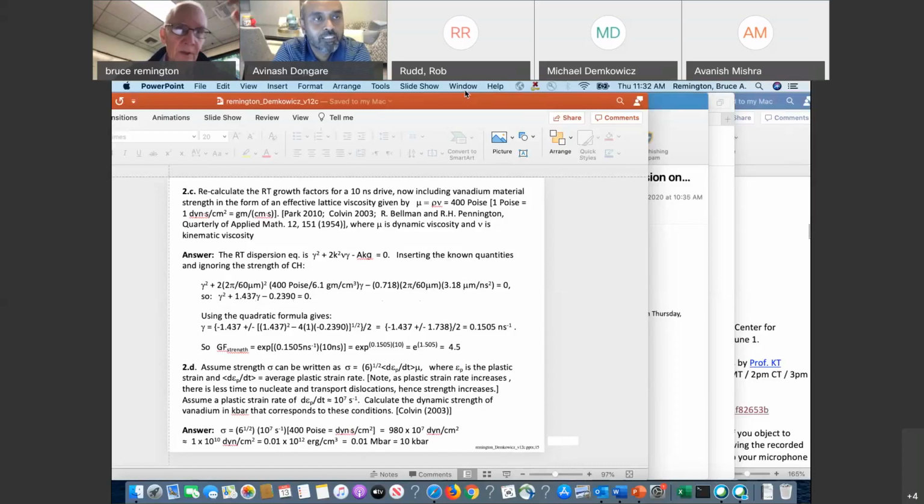The whole purpose is to start from first principles, starting from density functional theory, write down what you think the forces are on dislocations, parameterize those, put those into a dislocation velocity as a function of applied shear stress, put that into molecular dynamics simulations, calculate how the dislocations evolve, parameterize those so that you can insert them into dislocation dynamics simulations, and ultimately parameterize those results and insert those into hydrodynamics codes.